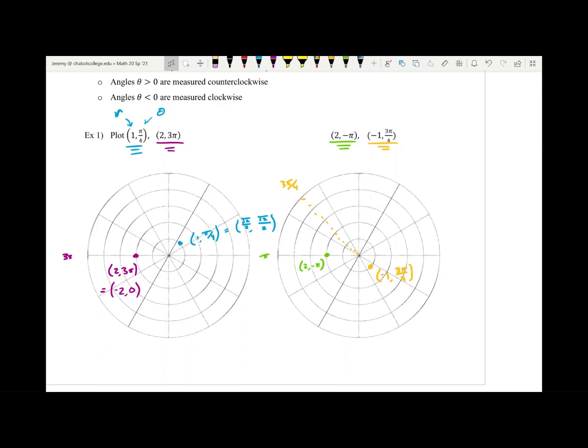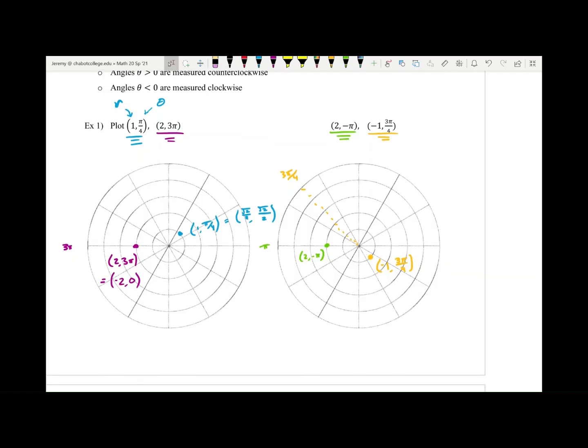Okay, so that's how it works, and we can see that polar coordinates just offer an alternative to the xy Cartesian coordinate system as a way of expressing position in the two-dimensional plane.